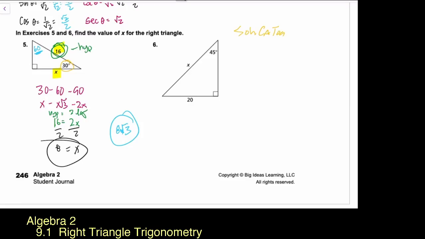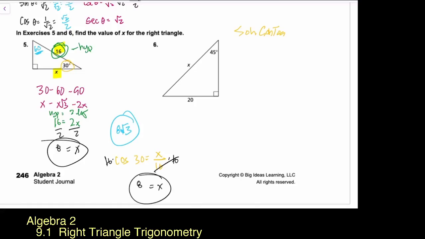So what I could do right here is put cosine 30 is equal to adjacent over your hypotenuse. And then I can figure out what x is. Multiply both sides by 16. If you plug into your calculator 16 times cosine 30, you should end up with x is equal to 8. All right. But it was so much easier using 30, 60, 90.